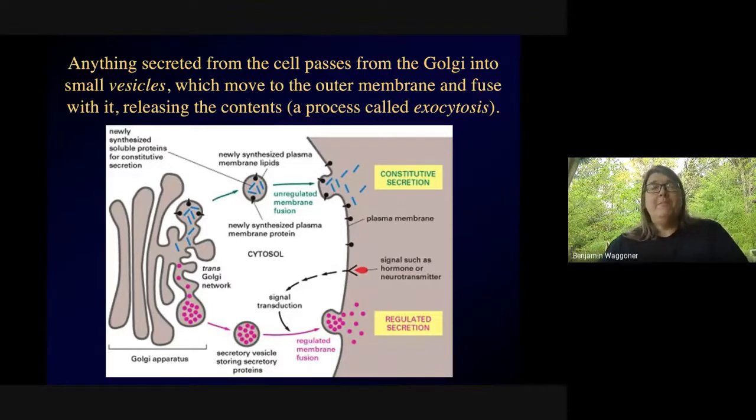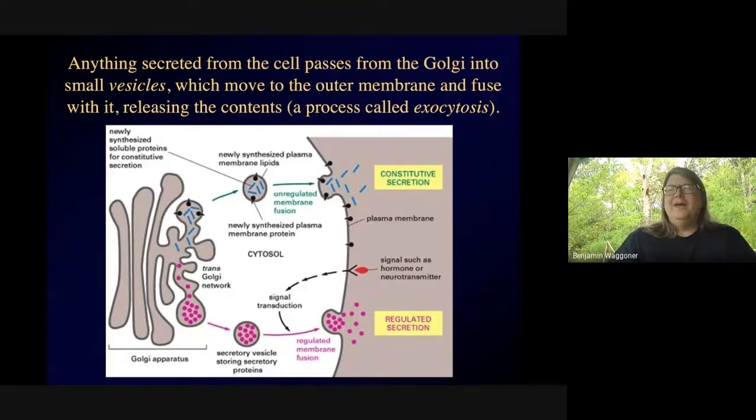Well, bubbles of membrane from the Golgi are constantly budding off. They're called vesicles. And vesicles can bud off the Golgi, move to the outer membrane, and then fuse with the outer membrane like a small soap bubble joining a large soap bubble. And in the process, they release the contents to the outside.